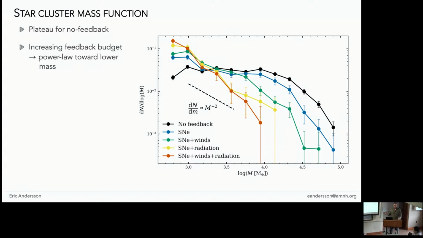And as I introduce more and more feedback, you truncate this plateau, you push it down further and further, and in the end, when you have all the feedback sources, you recover this power law distribution. I should point out that this distribution has a fairly steep slope.